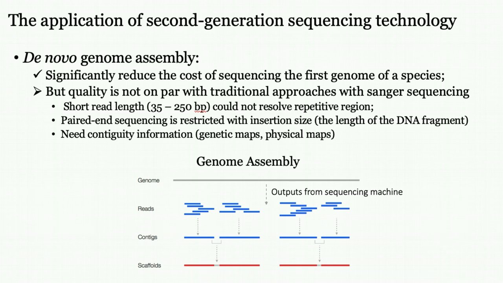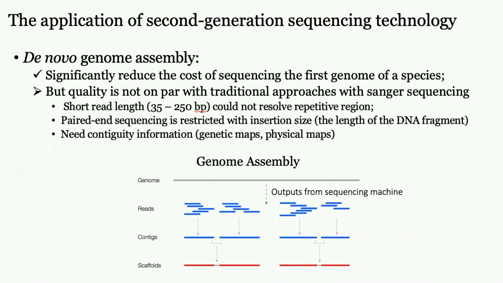And pair-end is able to provide information for specific distance. So if the two contigs are very far away, you won't be able to get pair-end reads to link the two contigs together. So you need additional contiguity information like genetic maps and physical maps. We still need those in order to get a high-quality reference genome.